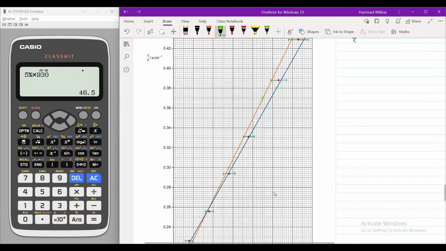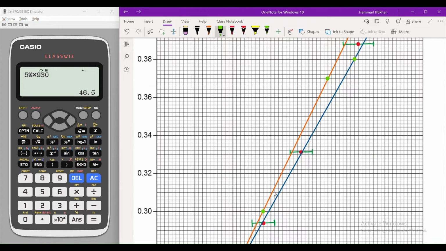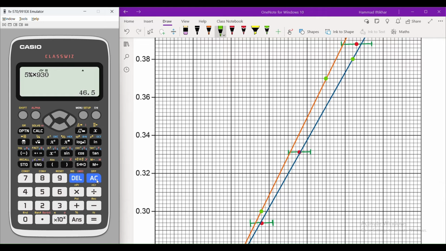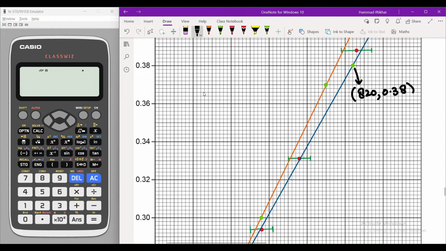So this point for the best fit, this is at 820 and 0.38. Okay, so let's write over here 820, 0.38. This point is going to be, I think, 750, or wait, yeah, 750 and 0.37.